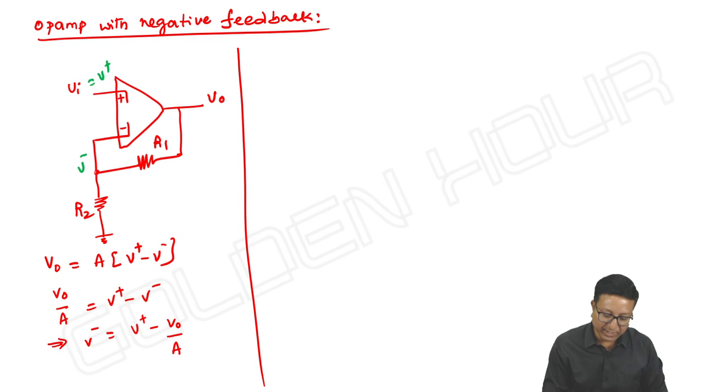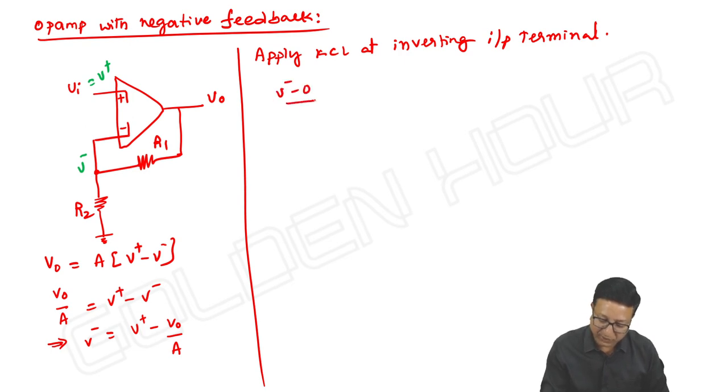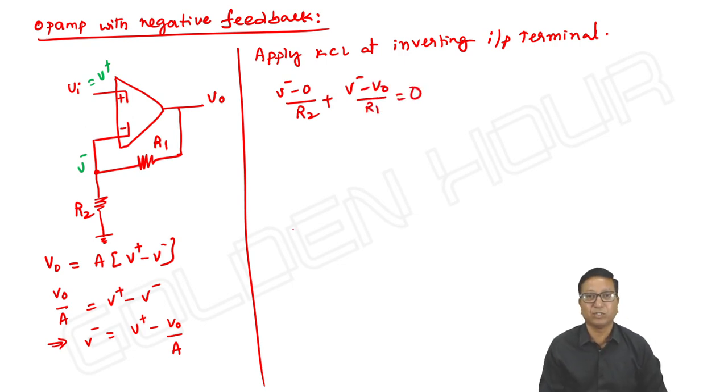Next, apply KCL at the inverting input terminal. If I take the node equation here, what can we write? (V minus minus 0) by R2 plus (V minus minus V output) by R1 is equal to 0.